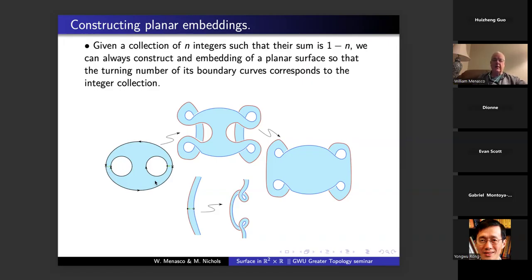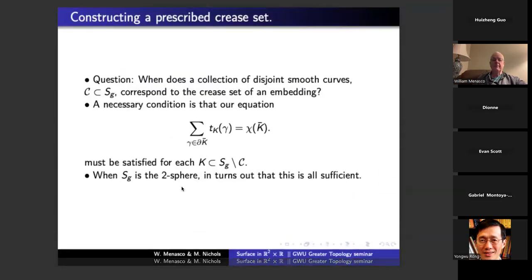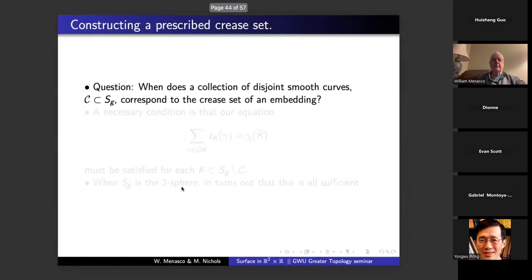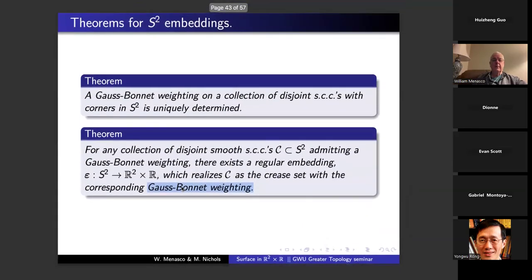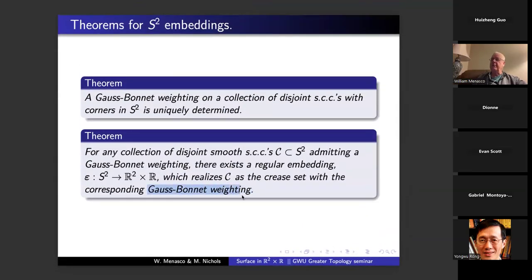So here the weights would be -1, -1, +1, and if I add those up, I get -1. And there is an embedding of the pair of pants into R3 such that when I look at it, those weights are actually realized as turning numbers. So by Gauss-Bonnet weighting, I mean a weighting that corresponds to what conceivably could be turning numbers.